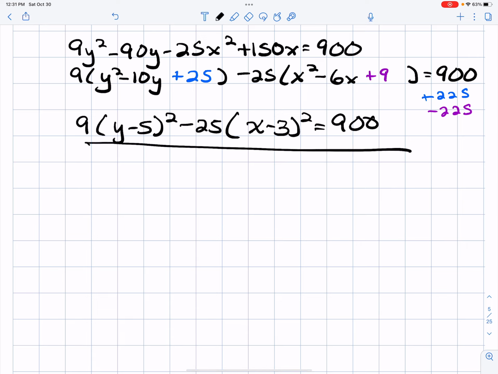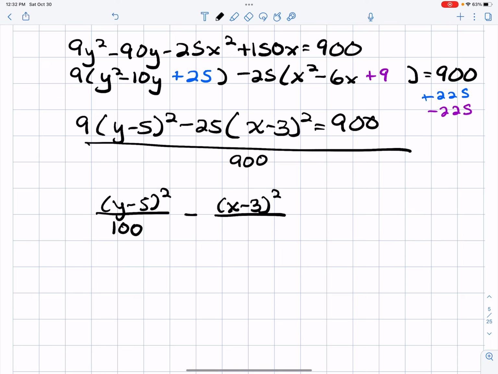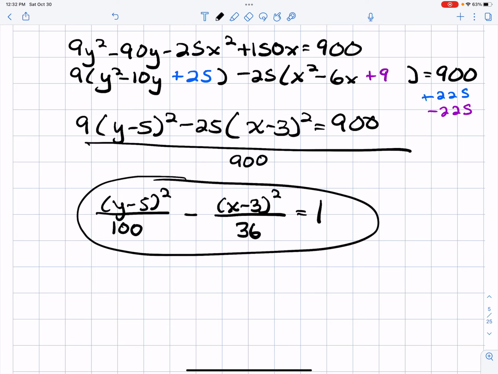Then you got to divide the whole thing through by 900. You're going to end up with (y minus 5) squared over 100 minus (x minus 3) squared over 36 equals 1. And there you go. There's your equation in that standard form. Center here is at 3, 5, because the center is still the x-coordinate and the y-coordinate.